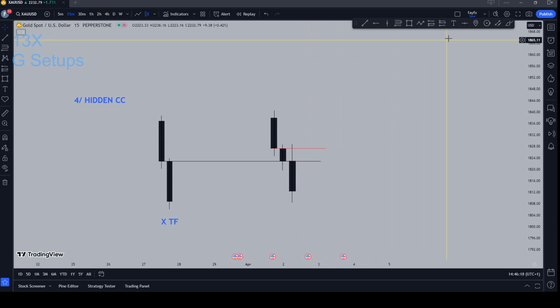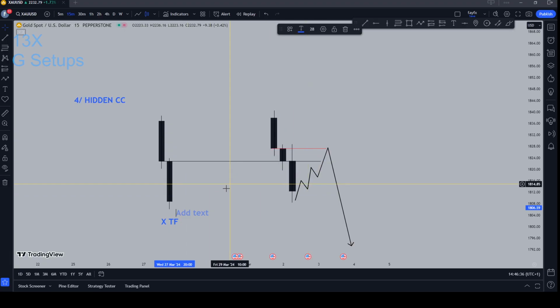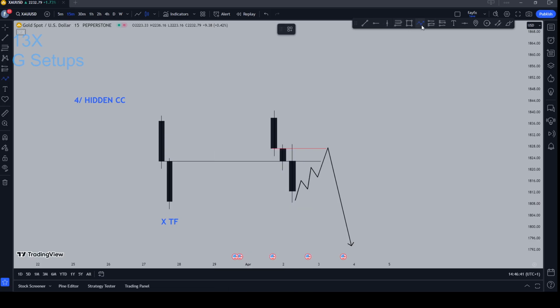So price will come up, ignore that level, and go to touch the CC and continue the move down. Same thing here. You will see price reacting from nothing here.